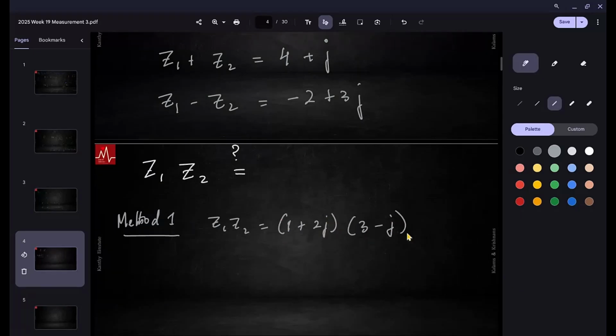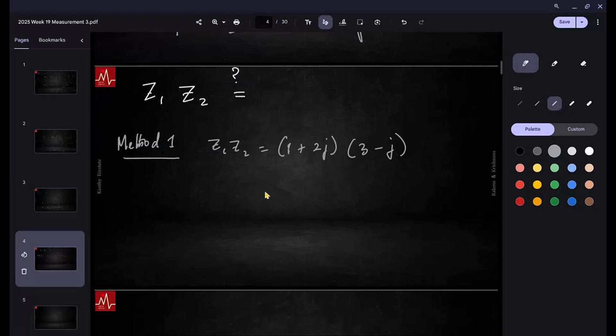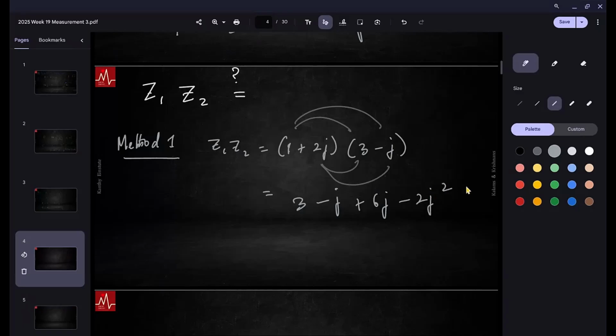Do product-wise multiplication. That should give you, notice, this into that, and then this into this. Those four things, right? So 1 into 3, 1 into minus j, plus 2j into 3, that is 6j. And then j square, minus 2j square.